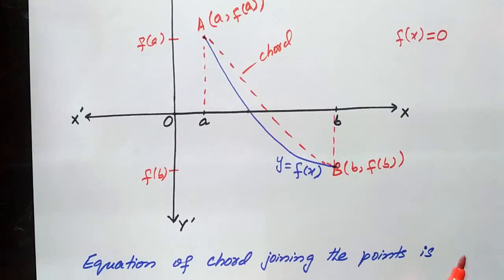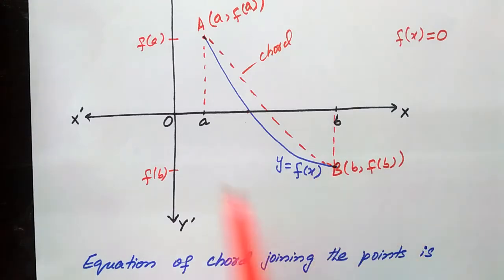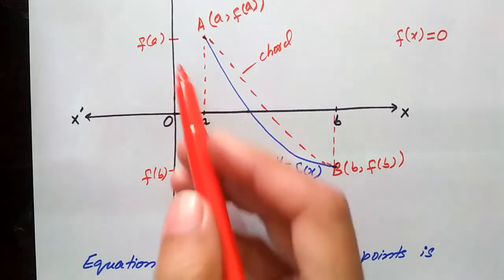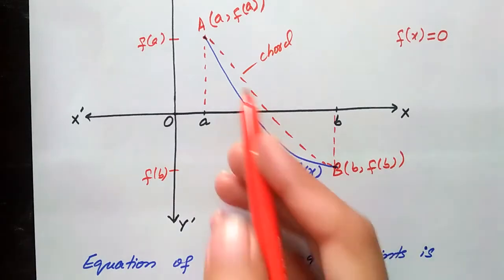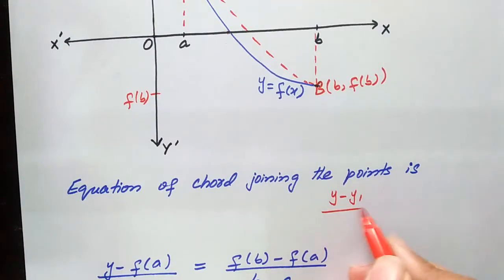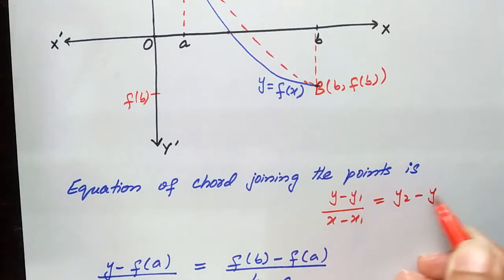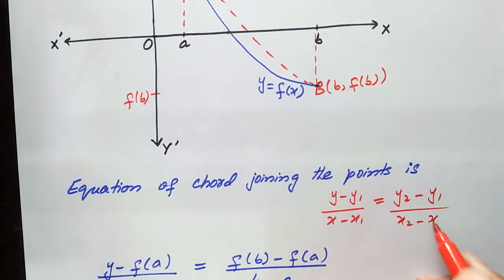Equation of the chord joining the points A and B: we will use the general equation for 2 points. The general equation for given 2 points is (y minus y1) over (x minus x1) equals (y2 minus y1) over (x2 minus x1).